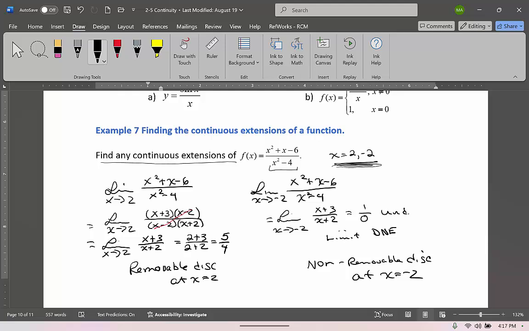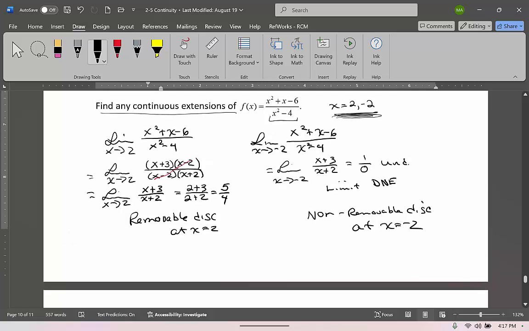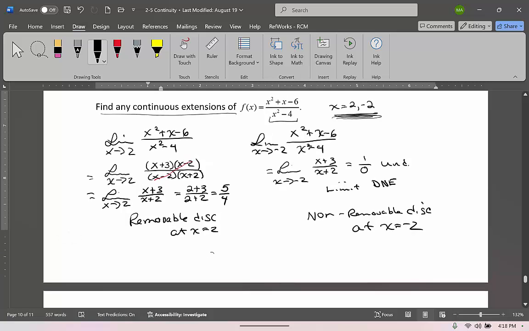All right, so what is the continuous extension of the function? Well, we'll just redefine the function. Let's call it g of x. It is going to equal the original function when x is not equal to 2, and it's going to equal the limit of the function, 5/4, when x equals 2.